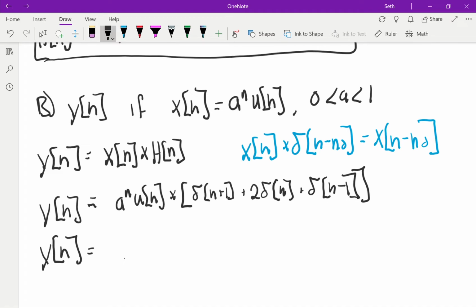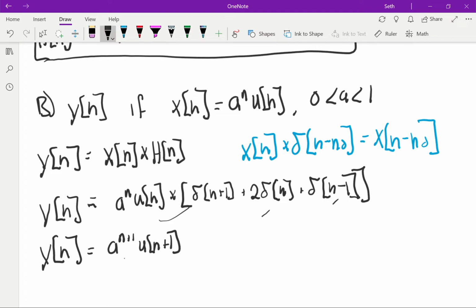You can just see we're going to go first term, second term, third term. Okay, so we get a to the n plus 1 times u of n plus 1, because we're replacing n with n plus 1 by the sifting property.